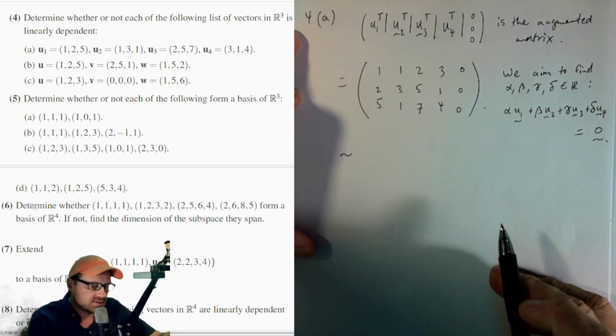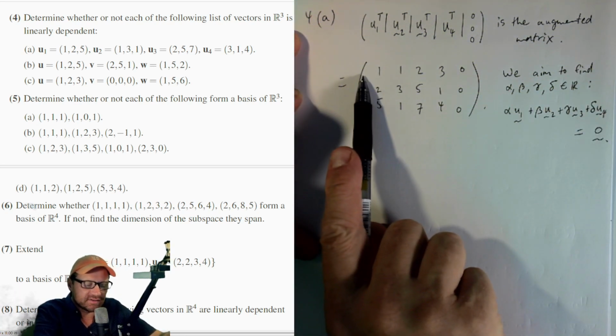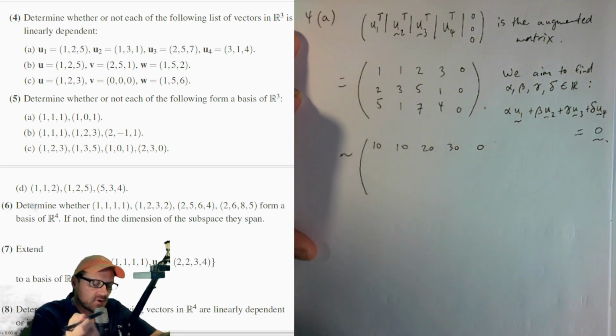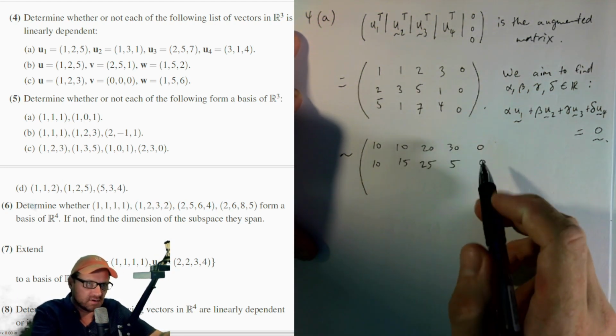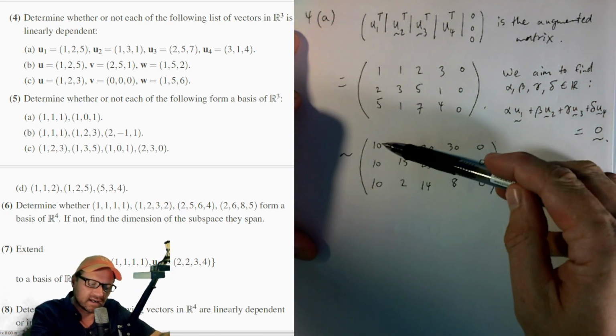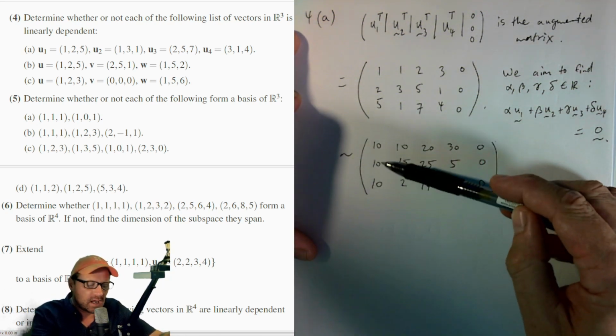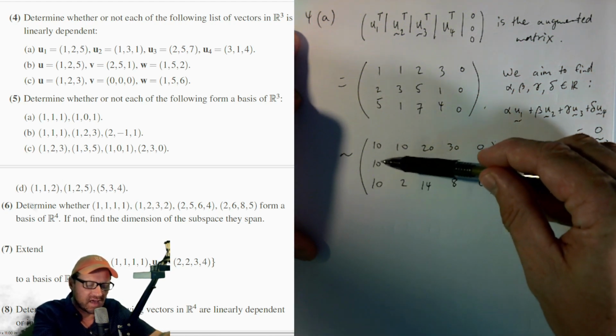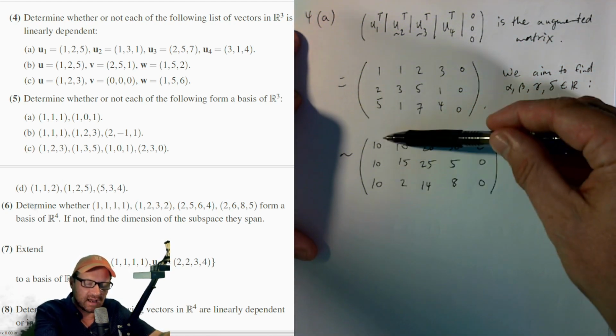So let's multiply the top row by 10. Let's multiply the second row by 5 and the third row by 2. And the reason I've done that is so that I can have all 10s down here, and treating this top one as my pivot, I want zeros below that pivot, and now it's easy to see how to do that.